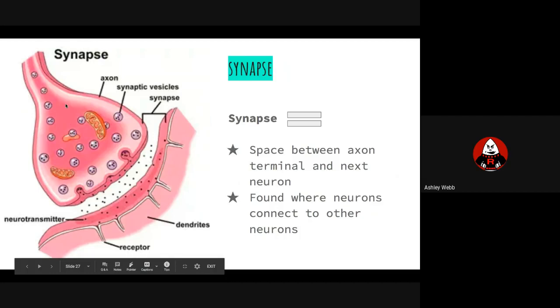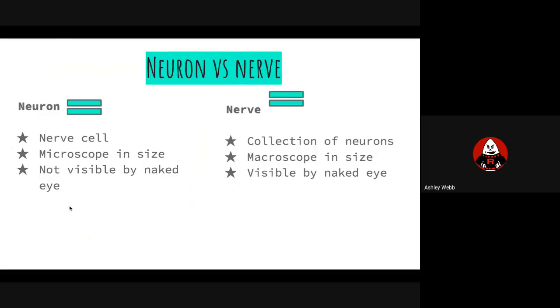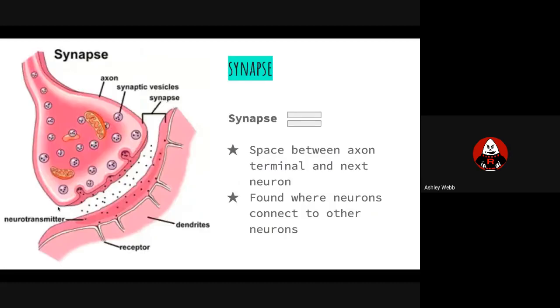At the end of the axon terminal, it's releasing all these little neurotransmitters. All these little specks are those neurotransmitters. They are then gathered by the dendrites, brought into the cell body, and sent down the axon.